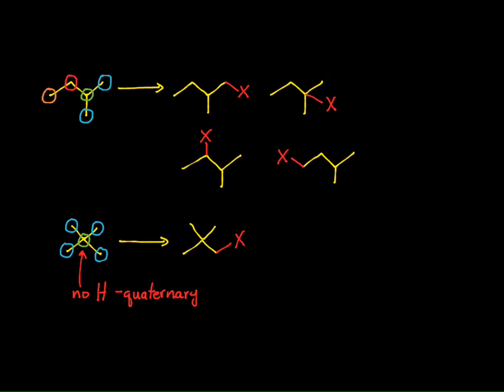So we have 3 from pentane, we have 4 from isopentane, that's 7, and then we have 1 from neopentane, that is 8. So a total of 8 different pentyl derivatives that we can get. And so you can see how things can get much more complex the larger you get in terms of carbons.